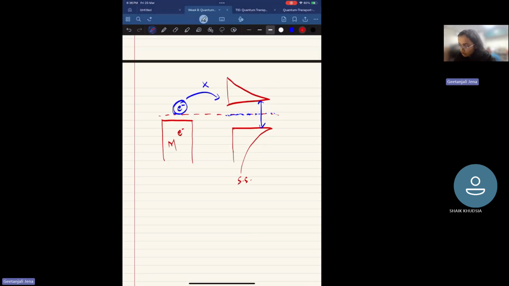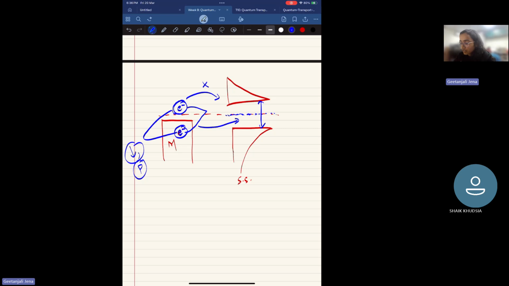If there is an electron on the metal at the Fermi energy, remember that for the Cooper pair, these two electrons should have opposite spin and opposite momentum. Only those electrons will combine, form a Cooper pair, and go to the superconducting side.